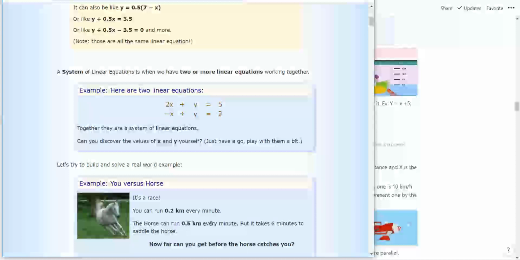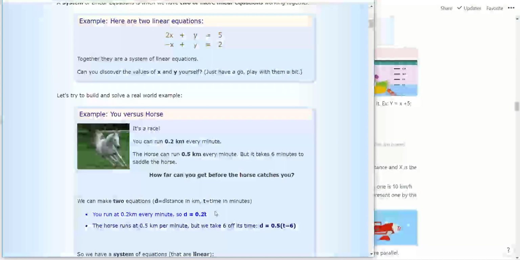So that's 0.5 times t minus 6. That's how you get the distance, right? So we can make the equations, the distance d in kilometers and t in minutes.